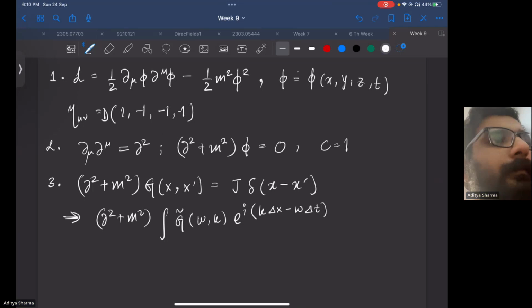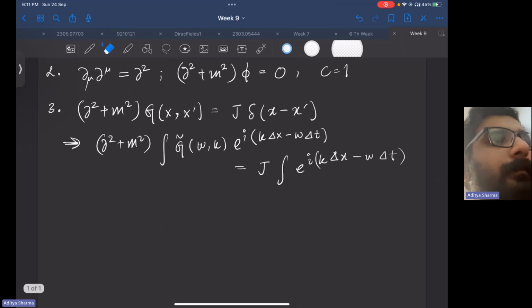is equal to j times integral of e to the power i omega, e to the power delta x.